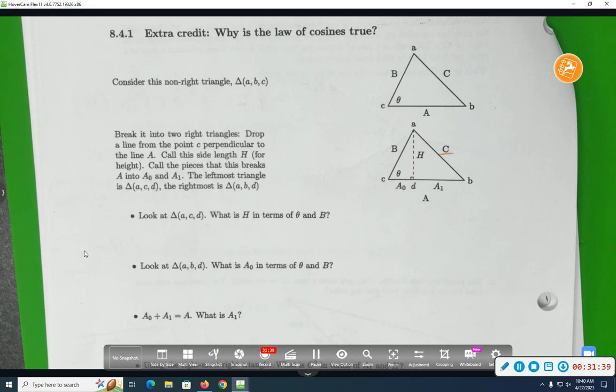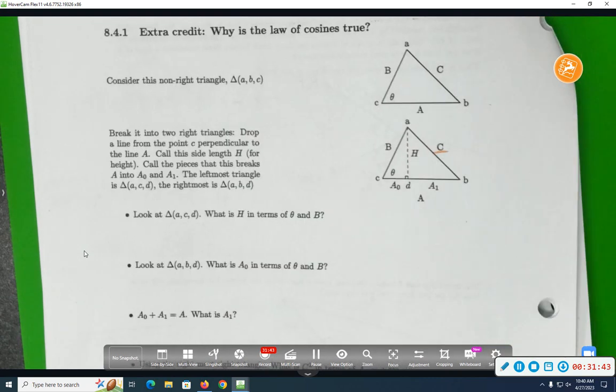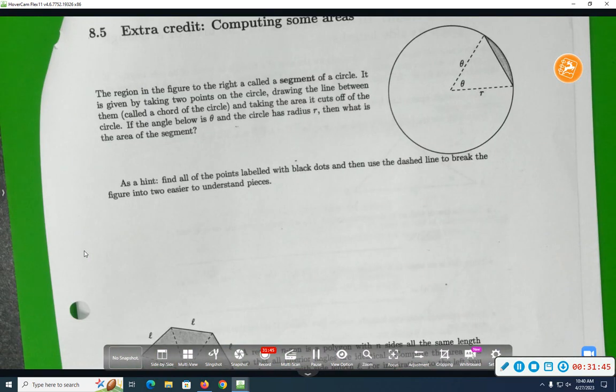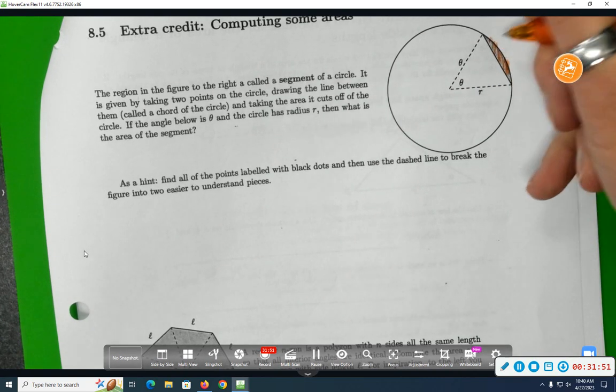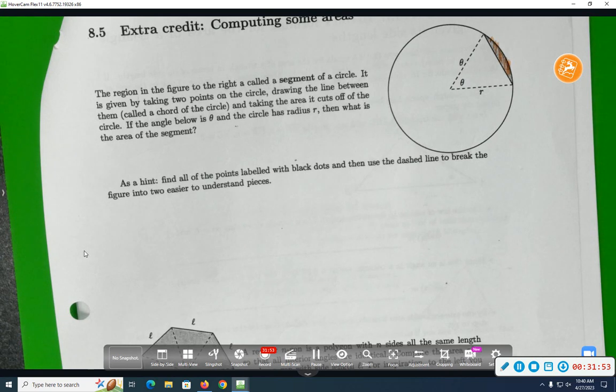Complete this page, talk me through what you get, that's an extra credit. On the next page, you can use this to compute some novel things. For instance, this little wedge shape in a circle is called a segment. Do you think you could determine the area of that?